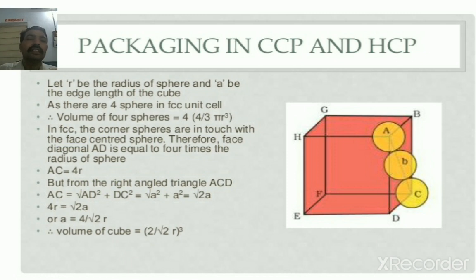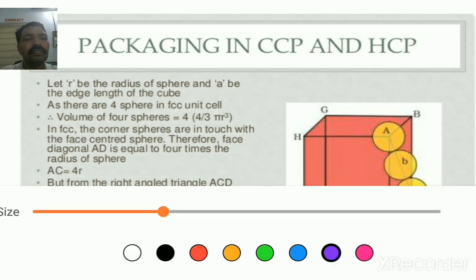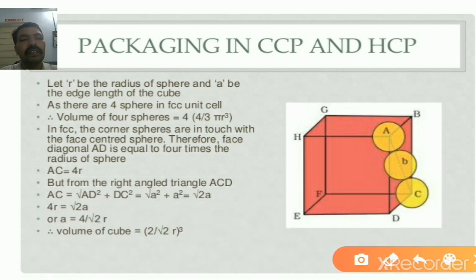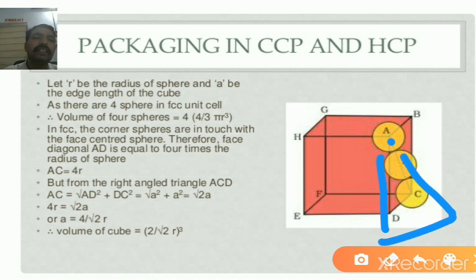In CCP or FCC, the constituent particles are present at the corners as well as at the center of the faces. See in this diagram, triangle ADC is a right angle triangle in which AC is a diagonal.